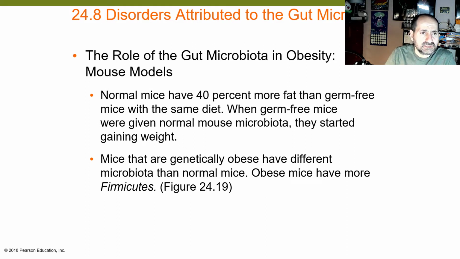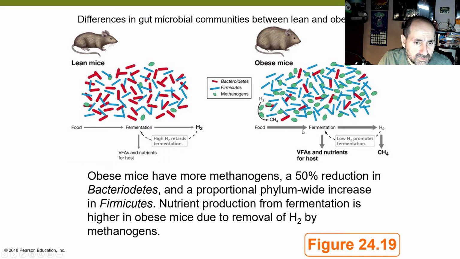Okay, and then we explored this obesity study with mouse models. This was really interesting. Please study this concept of the obesity study with mouse models, specifically the role of firmicutes in the obese mice. Remember that obese mice have more methanogens, a 50% reduction in bacteroidetes, and a proportional phylum-wide increase in firmicutes.